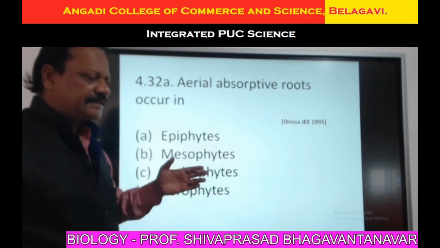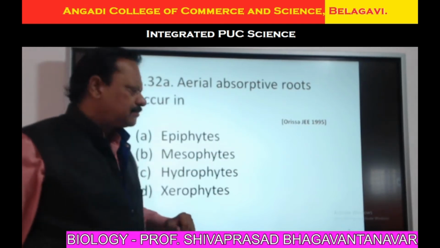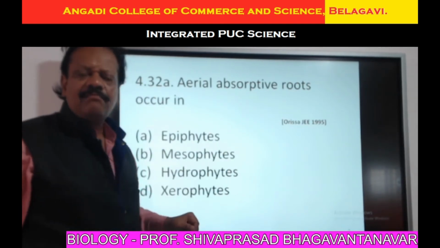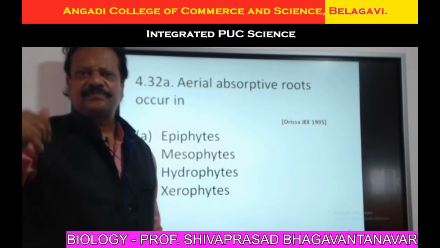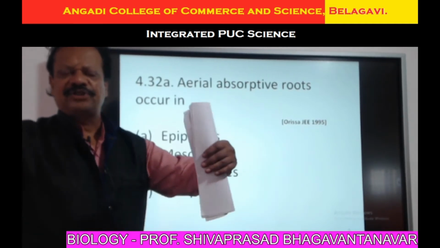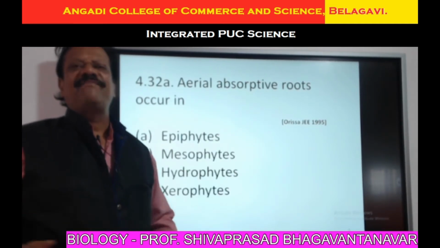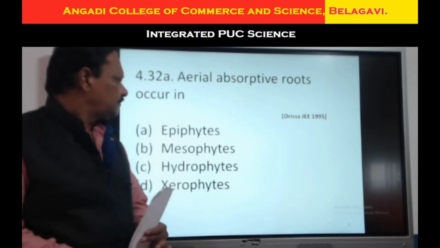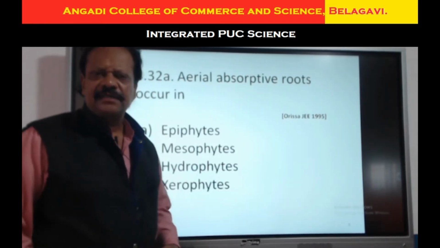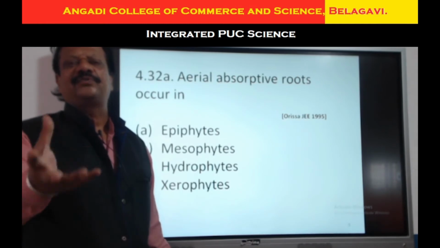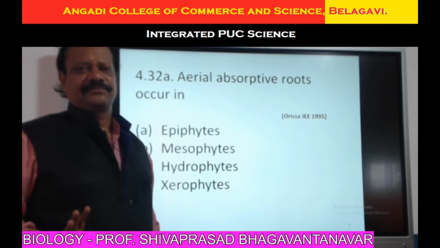Epiphytes, just now I told you regarding the vanda. Mesophytes are the bigger plants having broad leaves and usually found on the plain areas. Then hydrophytes are the plants which are growing inside the water.